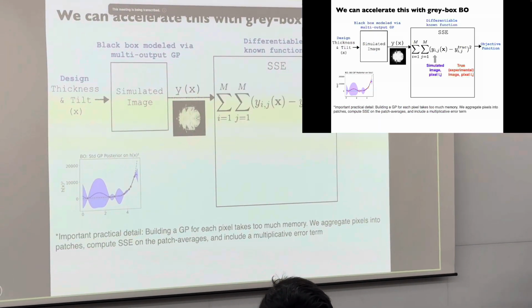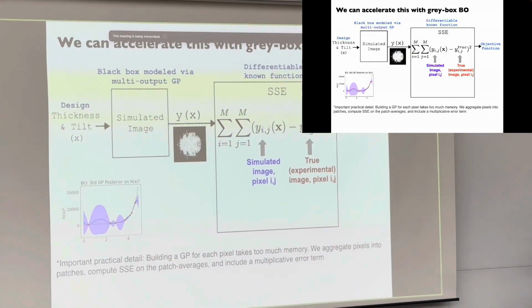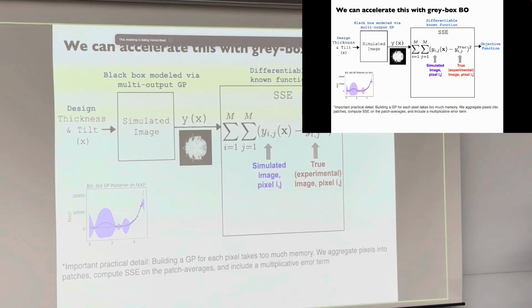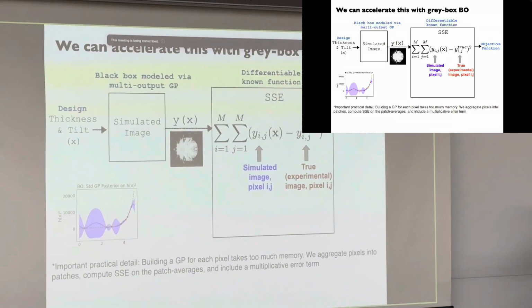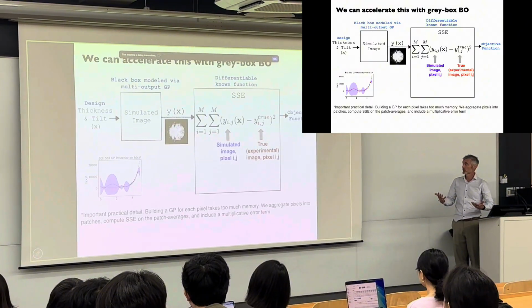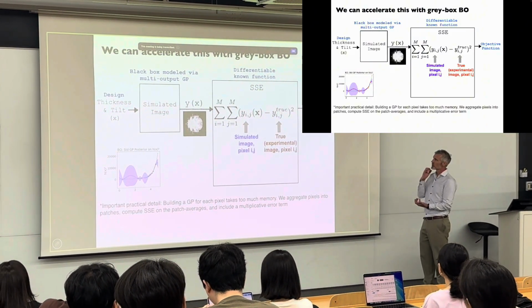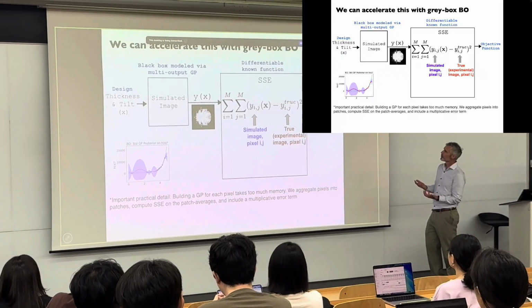Previously they were using standard Bayesian optimization, which is better than hand tuning the thickness and tilt, and it was also better than just doing exhaustive search over all thicknesses and tilts. But we came and said, hey, this is a function networks problem for the following reason.